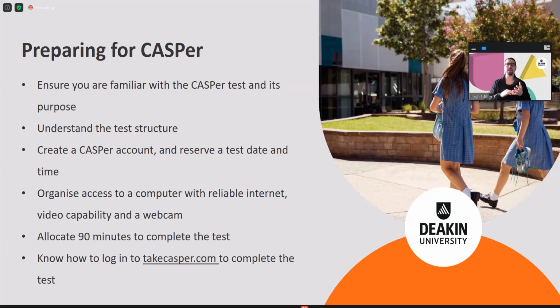So one of the main ones is ensure you're familiar with the CASPer test and its purpose, because it's a 90-minute test, as was stated, and it's really good to wrap your head around what type of questions are going to be asked, how much time you've got to answer each question, and just your time management, which was personally a big thing for me, because as a Year 12 applicant, at the time I was going through SACs, and my teachers were heavily influencing us to do our SACs in a timed manner, preparing us for the exam.